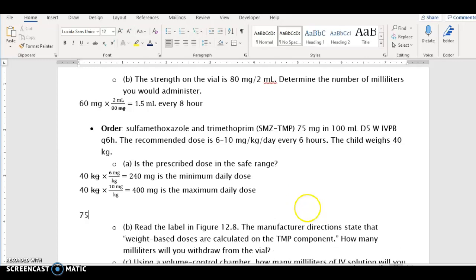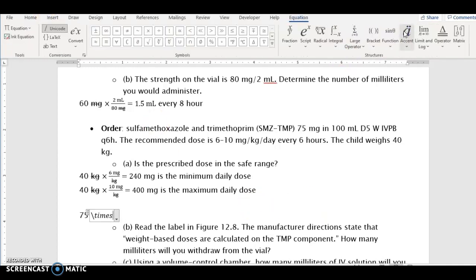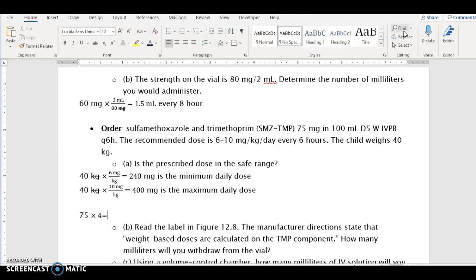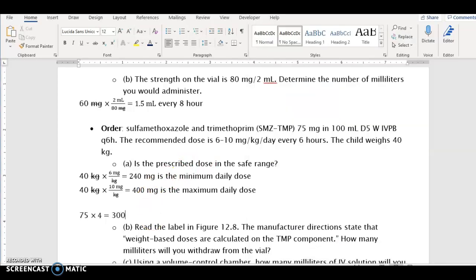So quickly we can do 75 times 4, to get the amount that the patient will receive in one day according to the order. So 75 times 4 is equal to 300. So the patient will receive 300 milligrams as the daily dose.